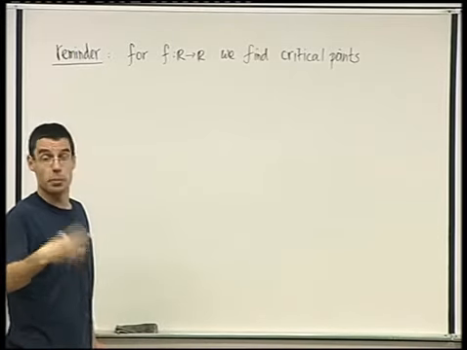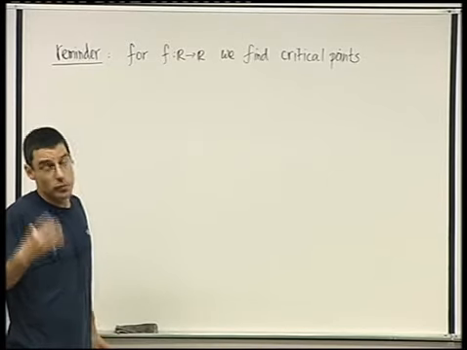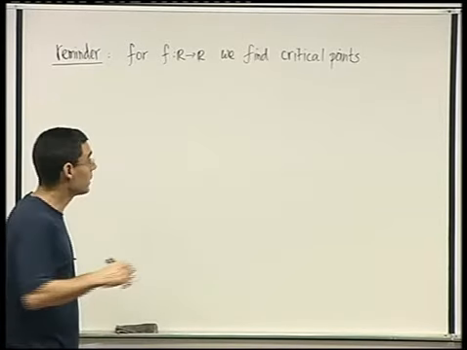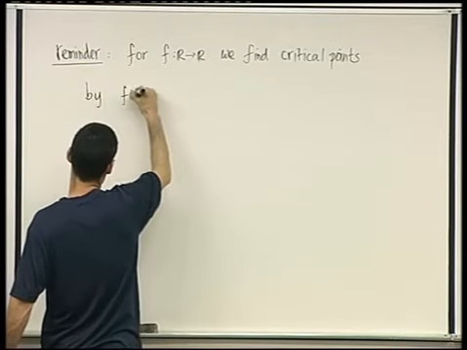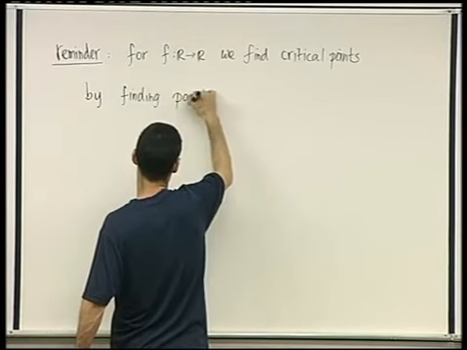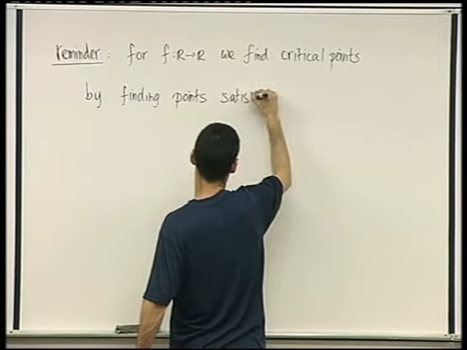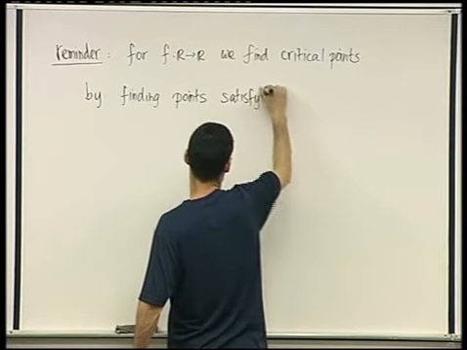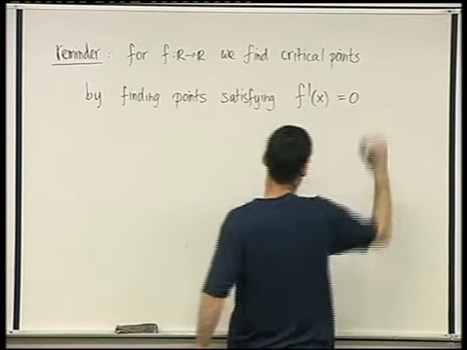So when you look for those points where it's a maxima or a minima, you look for the points where the derivative is 0. Okay? We find critical points by finding points satisfying f prime at the point equals 0.